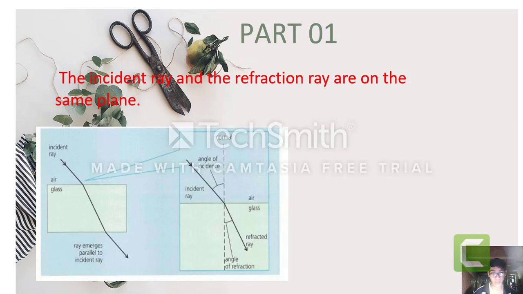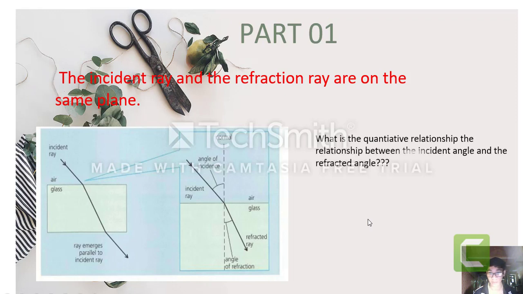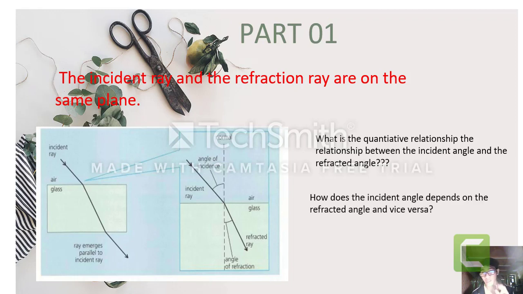If we increase or decrease the angle of incidence, what happens to the angle of refraction? We will focus on this lecture to answer some questions here. What is the quantitative relationship between the incident angle and refracted angle? And secondly, how does the incident angle depend on the refracted angle and vice versa?